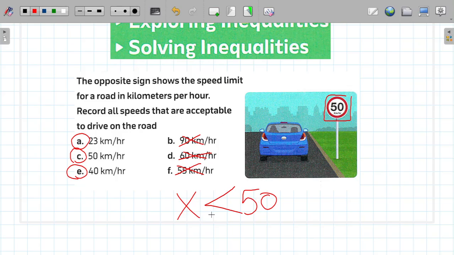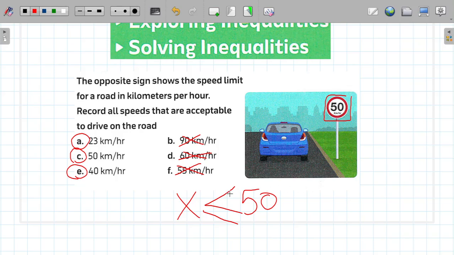So I can say that x is less than or equal to 50. Again, the speed limit here says that 50 is acceptable, so I can take 50 with us in the solutions of the inequality.